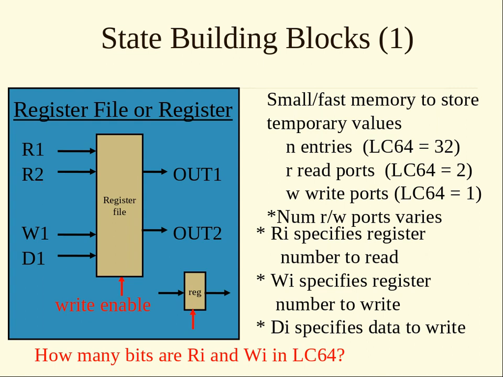The write port is saying what you're going to write to. So write 1 is the register you wish to write to, and D1 is the data you wish to write to that register. So if you want to store 64 on register 3, D1 would be 64, write 1 would be 3.